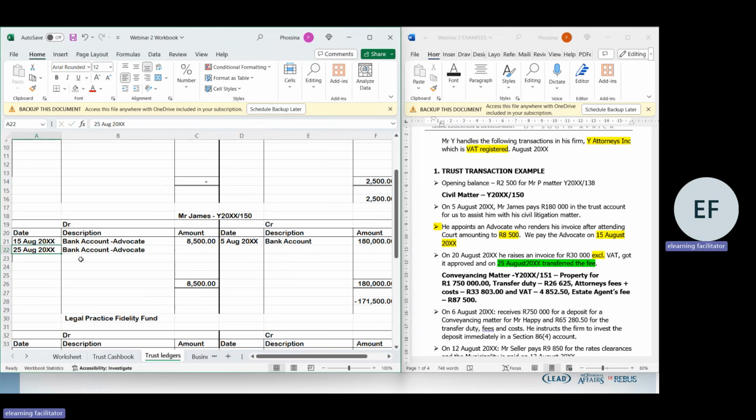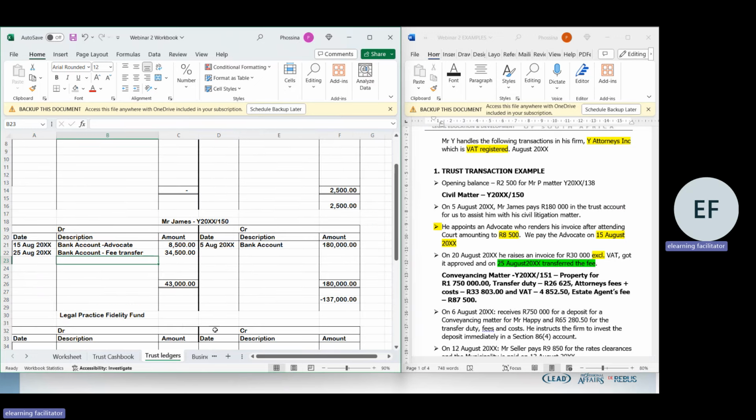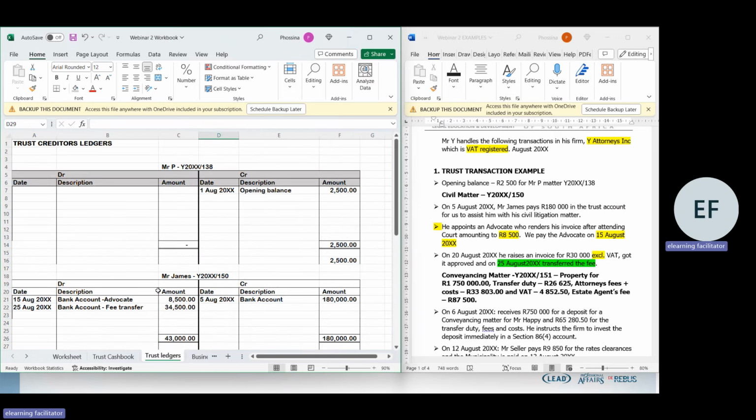So in this case, it is our fee transfer. Okay, so it's a fee transfer. How much is it? 34,500, fee plus VAT. Fee plus VAT. Please remember that this is very crucial for your assignment. Okay, this is how we record.